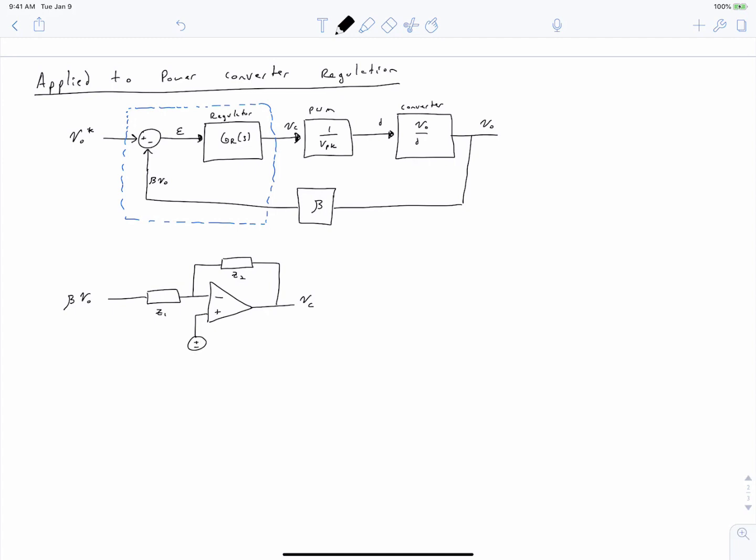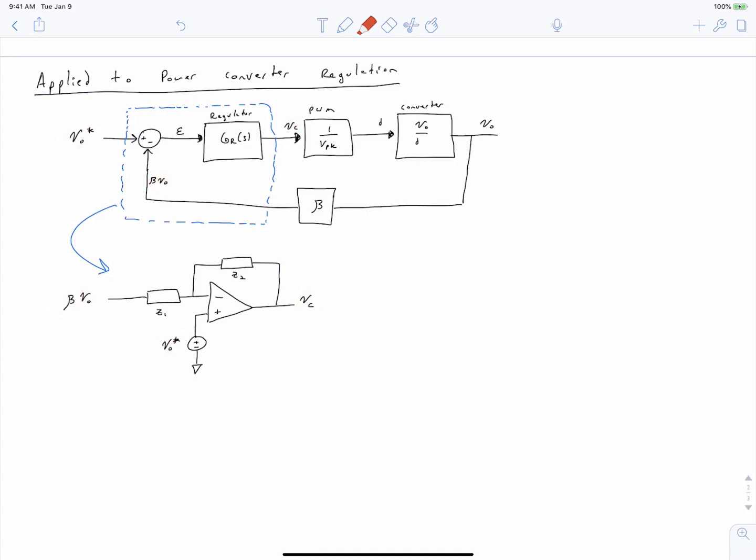Instead of the positive terminal of our op-amp being connected directly to our reference, it's now going to have our V out star applied to it. And you can see that we've labeled our control voltage, VC, over here, our input reference or output reference voltage right here, and our measured voltage over here.